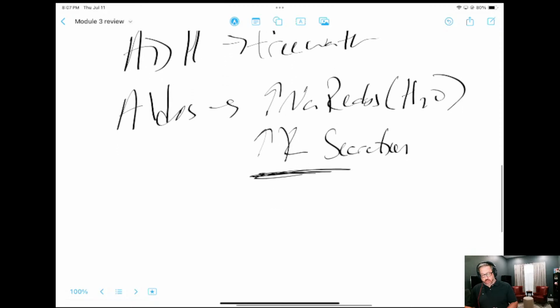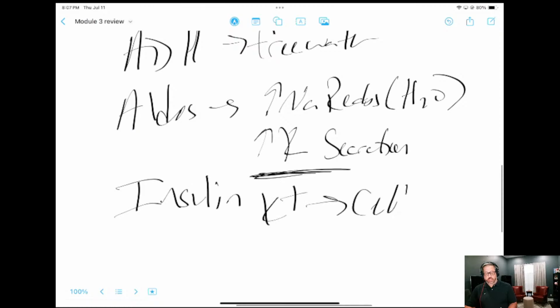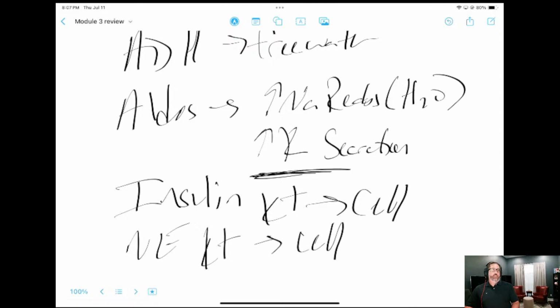But don't forget, insulin will also drive K into the cell, so it acts almost like a buffer for high potassium. Norepinephrine will also drive potassium into a cell. So when you have very high potassium, these are some of the things the body's going to do to regulate it. So Maria, hopefully that answered your question.